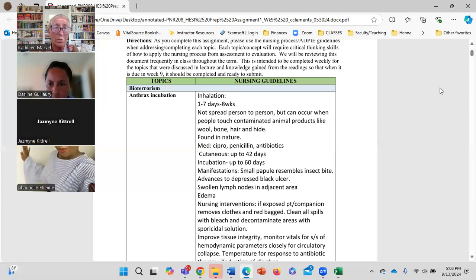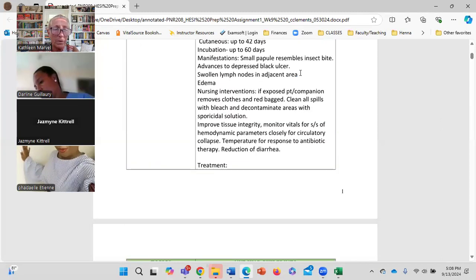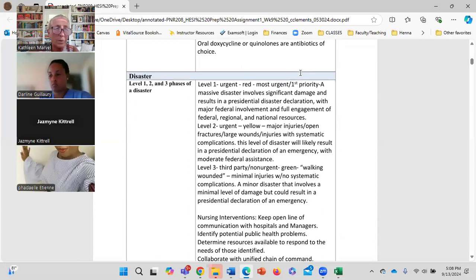So the expectation is that you have the knowledge about anthrax, that you have the knowledge about disasters. What's a level 1? What's a level 2? What's a level 3? I mean, you've already done all your research.